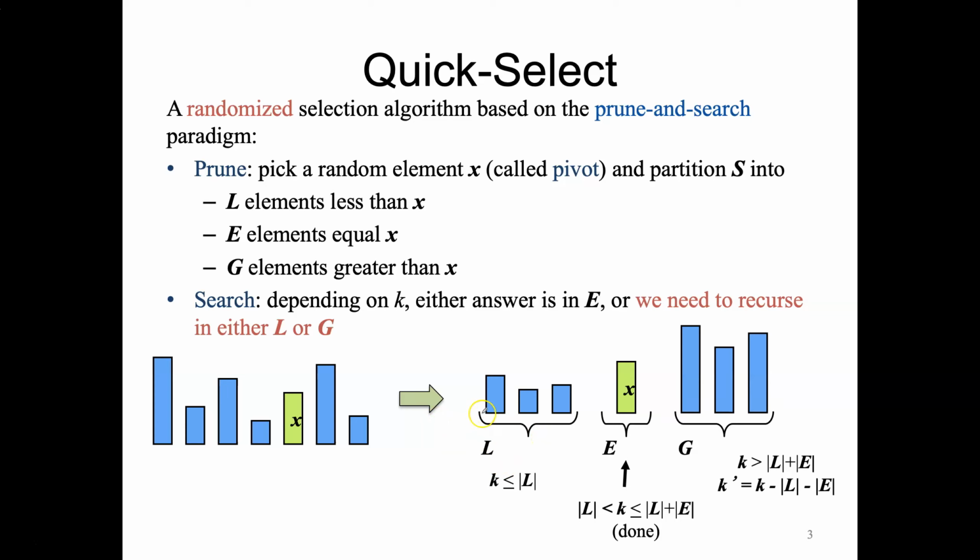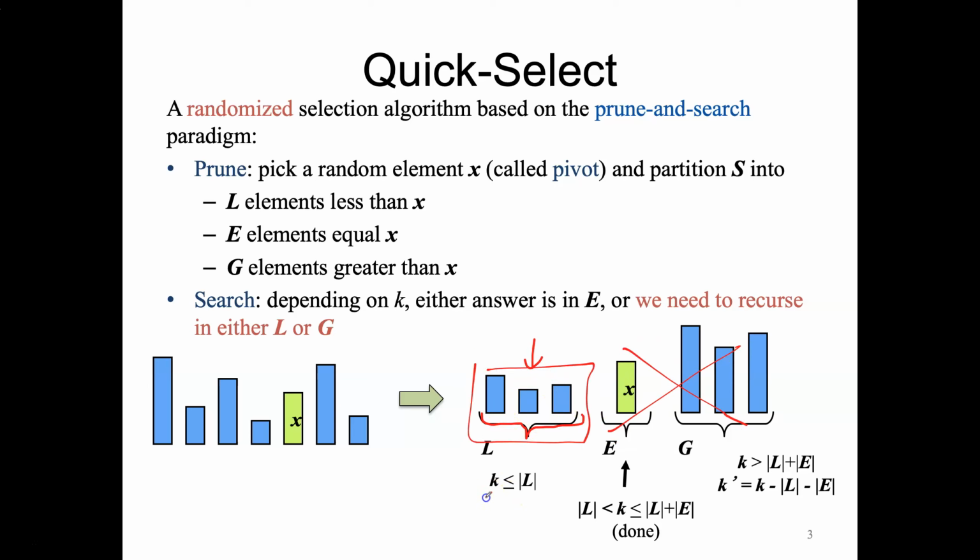Let's say here we've got 3 items in L. If we're looking for the first, second, or third smallest element, we know that we have here the 3 smallest elements in our entire sequence. Then we know that the first, second, or third smallest element will be somewhere in L. So in that case, we can recur and look for that kth smallest item in L. We know it won't be in E or G. We can only focus on L.